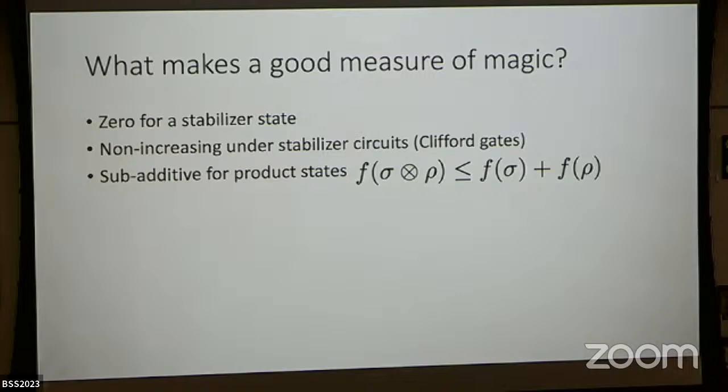I think of it as, you can't combine states and create magic, in the same way you can't combine states and create entanglement, right? Is there a simple example where you take a tensor product of two states that should reasonably have more magic than the two of them themselves? I guess by this definition, no, but I'm not sure. There probably is a specific example that I don't know off the top of my head.